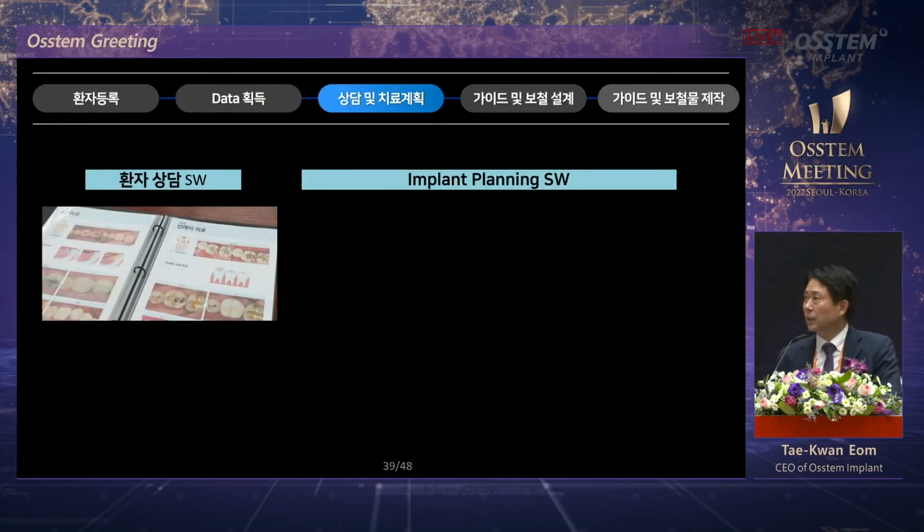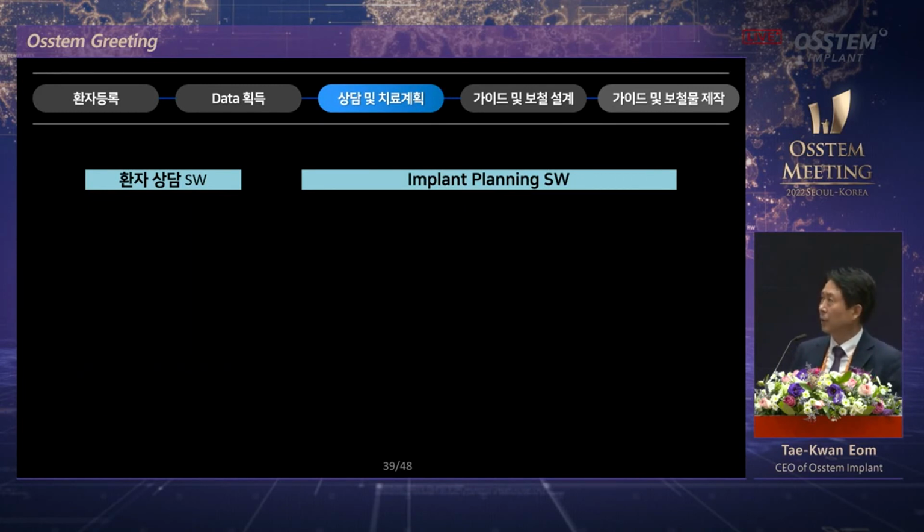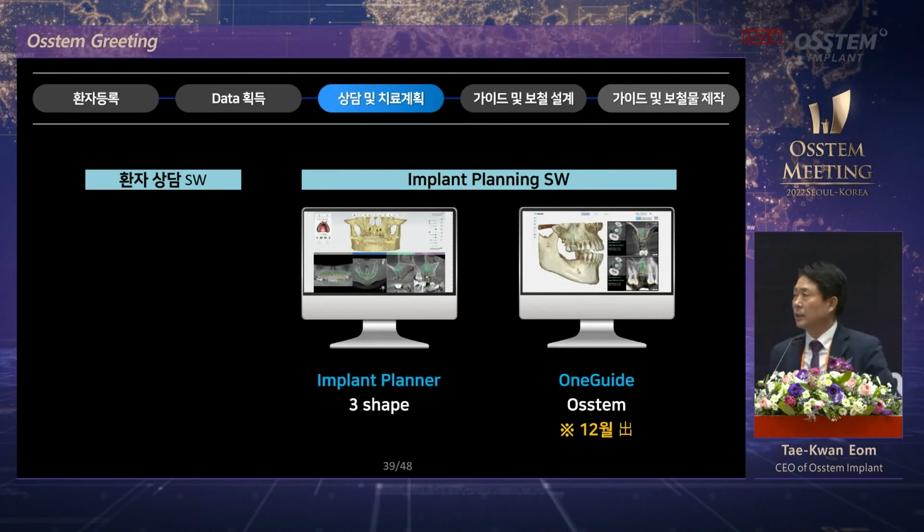And patient consultation, you use diary form for consultation with patients, but we made it digitally one code. It is linked with one click. It is launched, but it will be upgraded in August. Implant planner from 3Shape is used.